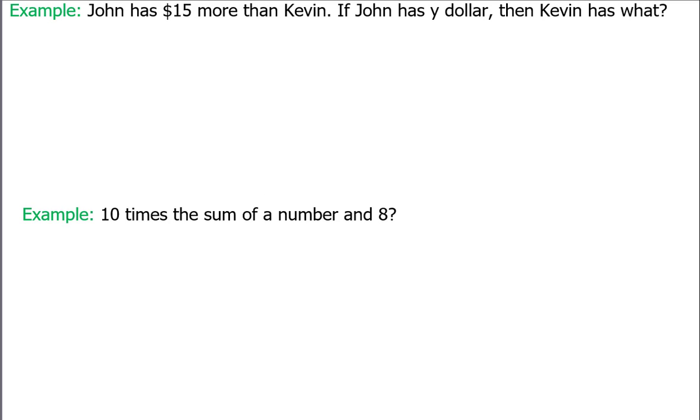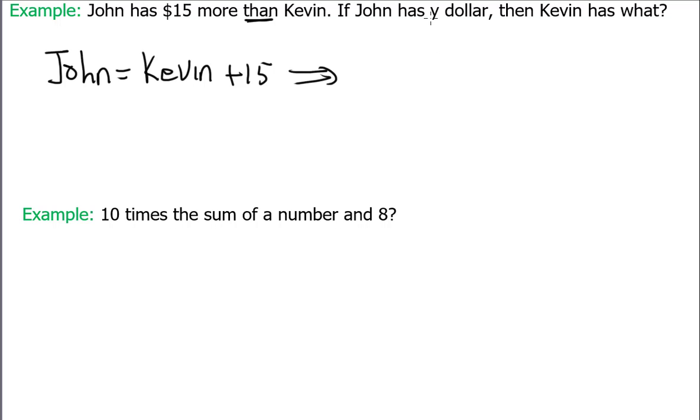Now let's translate some more examples. John has $15 more than Kevin. We see the word than. So John has Kevin's money plus 15. I'm translating the left side first, then the right: Kevin's amount plus 15.